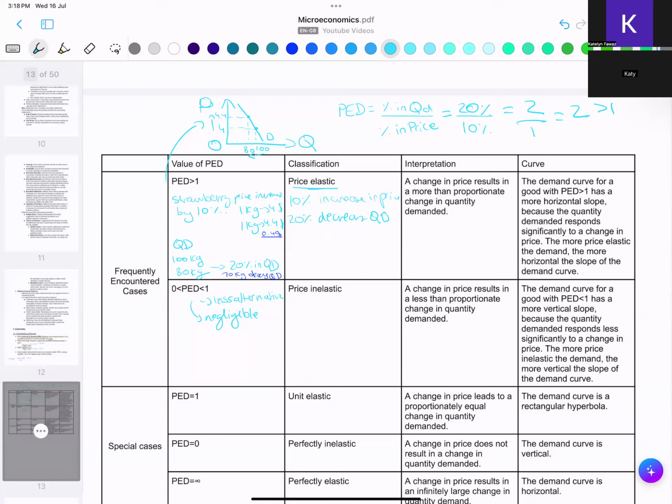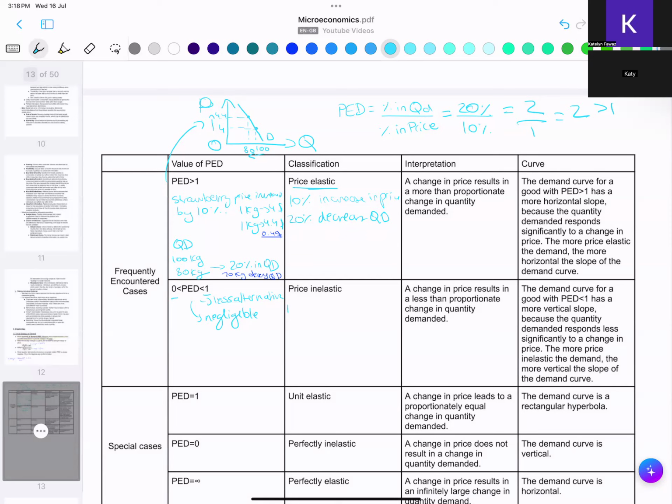So price inelastic means that the PED is less than 1 but greater than 0. I just explained that the price changes, but the quantity demanded also changes. So there is a change in quantity demanded, it's just less than the change in price.